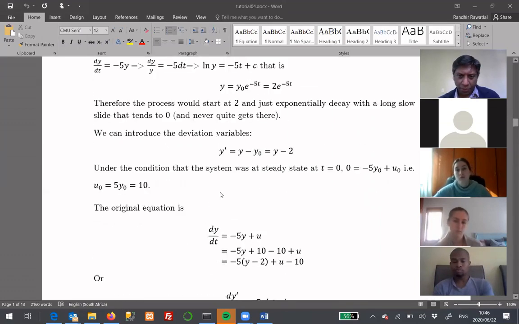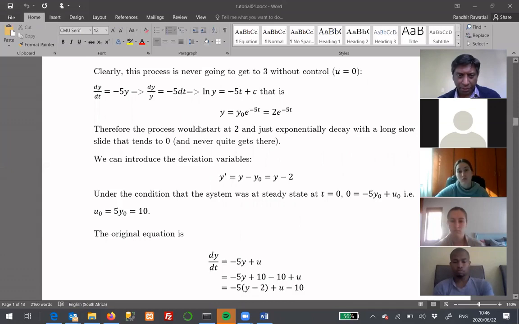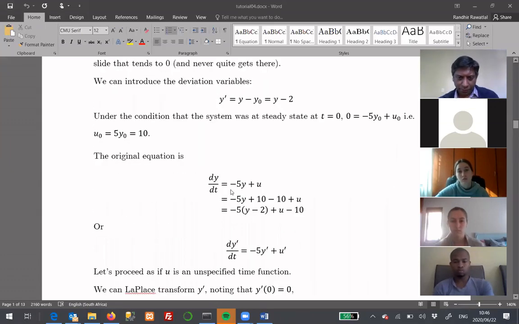And so we can work out if initially we were at 2, then from the equation, if that's our equation, then the initial value of u here, we can find by saying initially if we were at steady state, that's a 0, and then we can solve out, and we can show that the initial value of u was a 10, right?